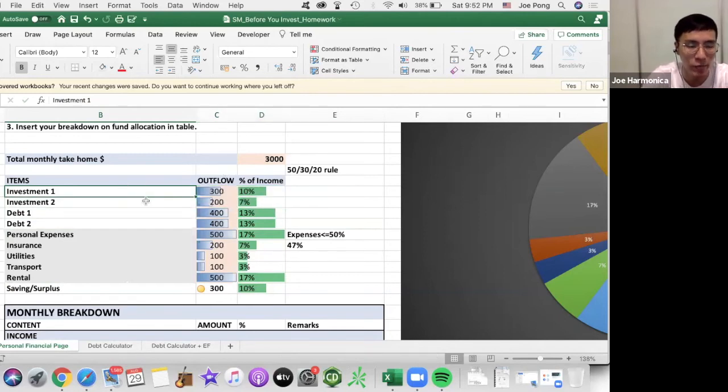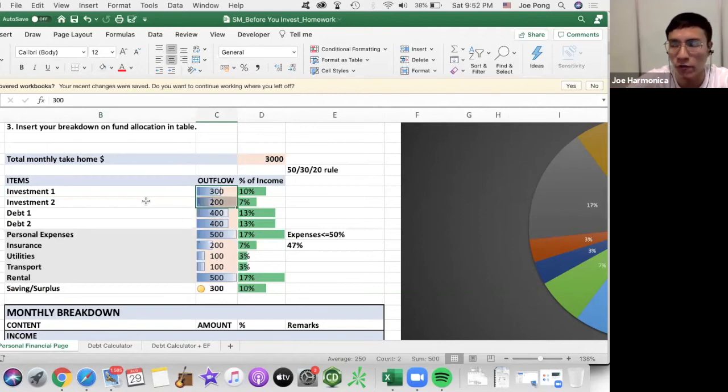So that is why I put in investment 1 and 2 as a top priority in my items column. So make sure you allocate certain amount of funds that you are comfortable of, 30%, 20%, that you won't be needing in the short term, and you're totally cool of leaving it in the long term and let the money grow.